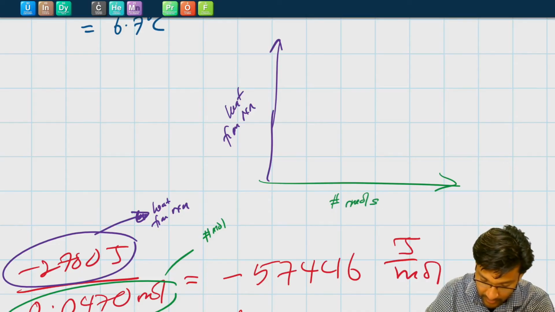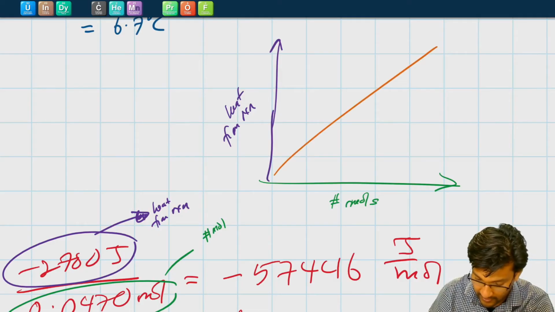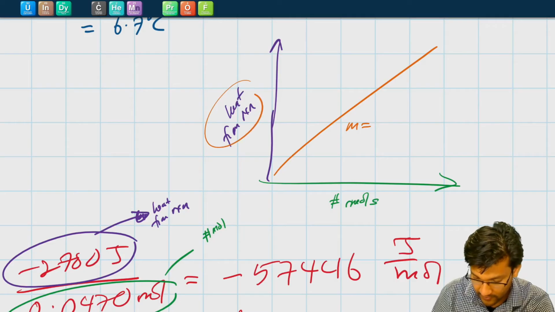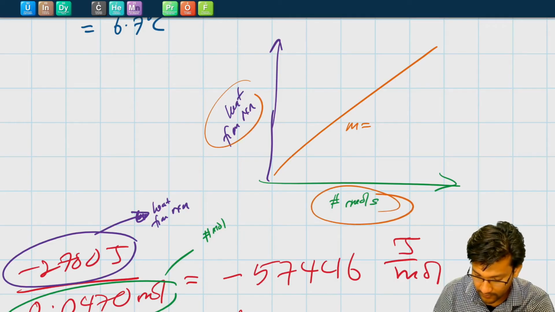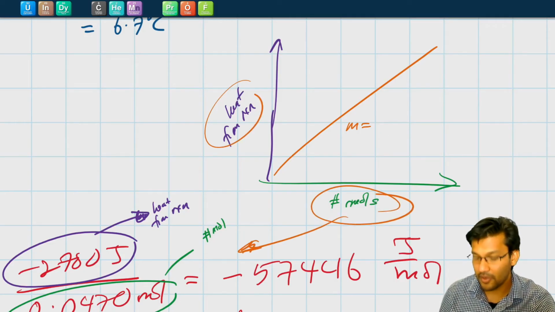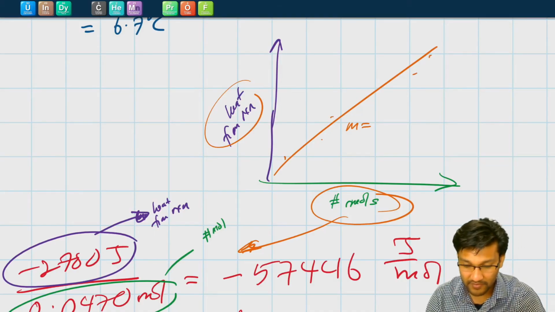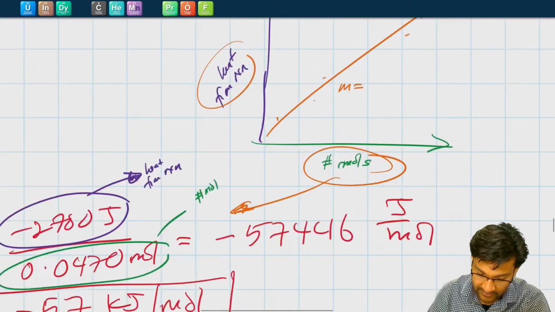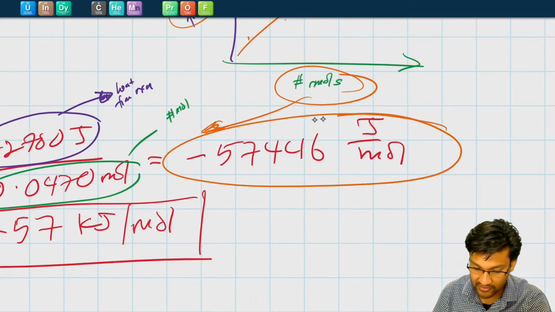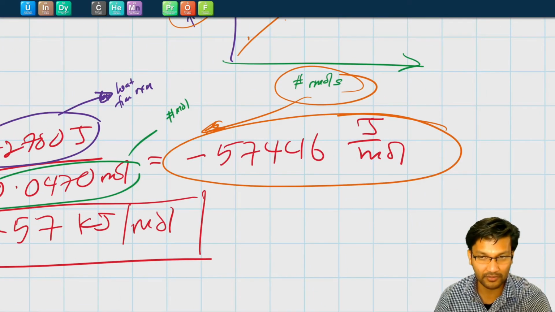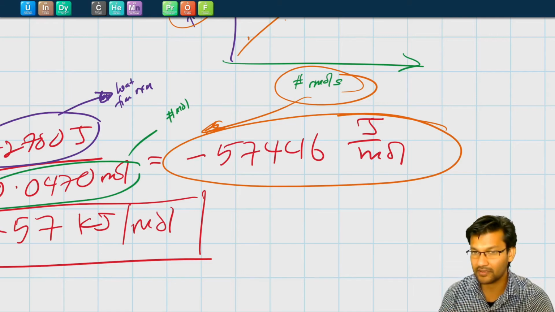If we were to plot a graph, let's use orange, the slope here will be heat rise over number of moles. So if we plot every single data point and then get the slope of that graph, what we're effectively calculating is just the heat from the reaction for every single trial, sort of averaged over every single trial.